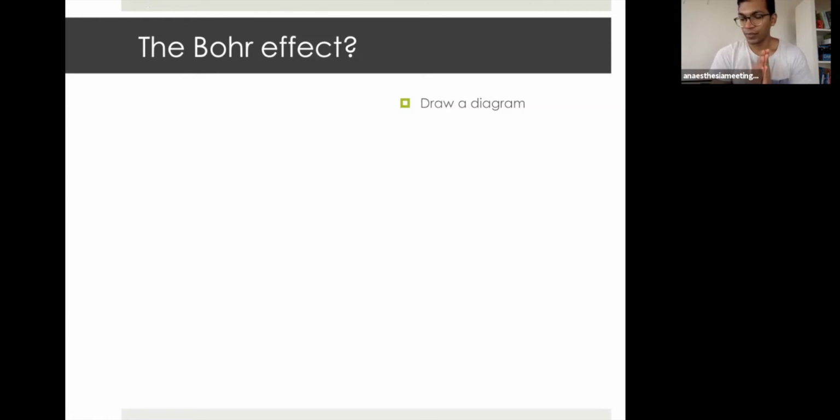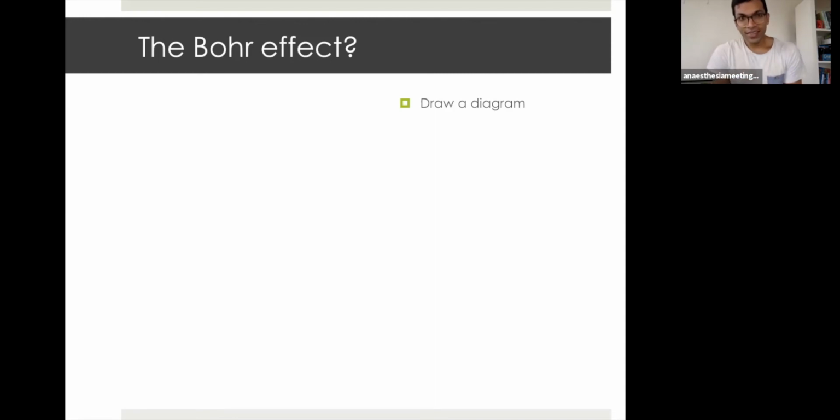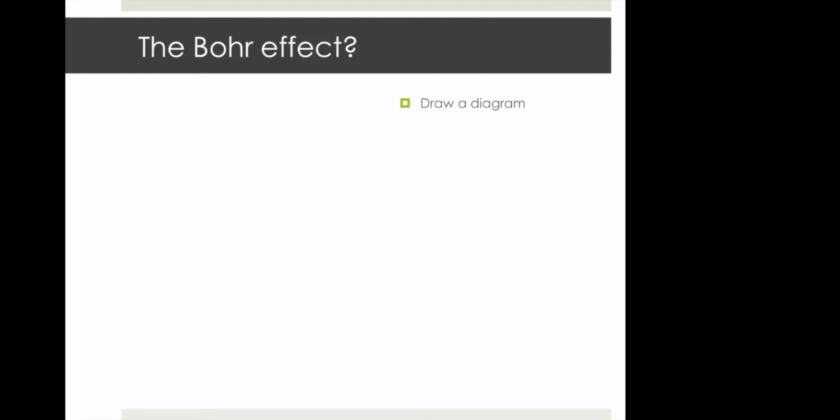Perfect. Actually, before we go on, I used to have a lot of trouble remembering the Bohr versus the Haldane. Is there a way that you remember that? I don't know if other people have this problem, or it's just me. No, it's definitely not just you. I also really struggled with that. I think it was just repetition, going over it over and over again. I just remember the Bohr as relating to oxygen and the Haldane referring to CO2.